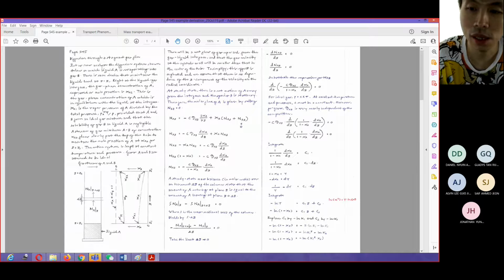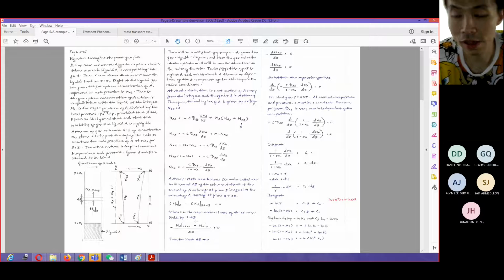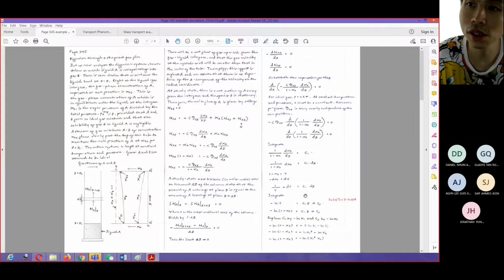So what we have in here is basically just a simple term. If we divide by S multiplied by delta z, so we divide by the volume, and take the limit as delta z approaches 0, we know that our molar flux of A is constant. Meaning that the molar flux of A from this point to the top point will be constant, with no change.